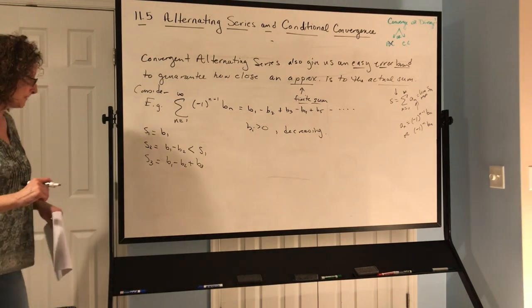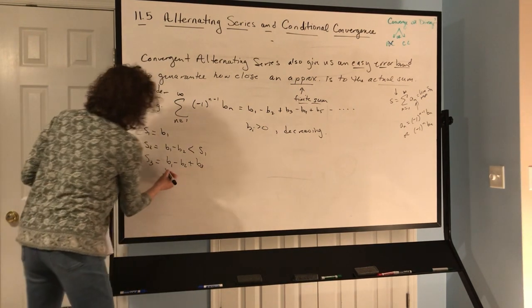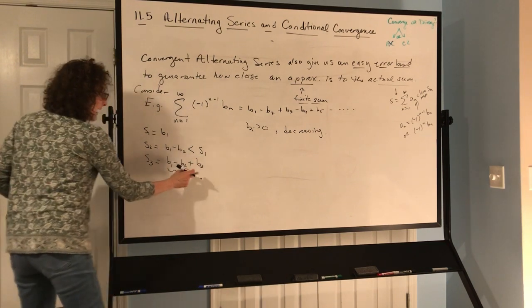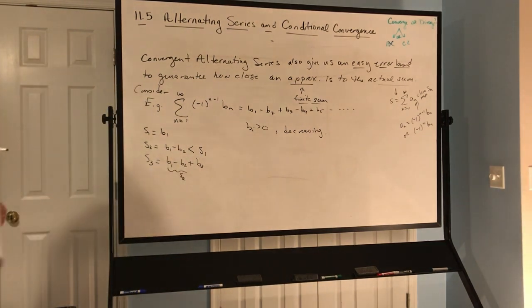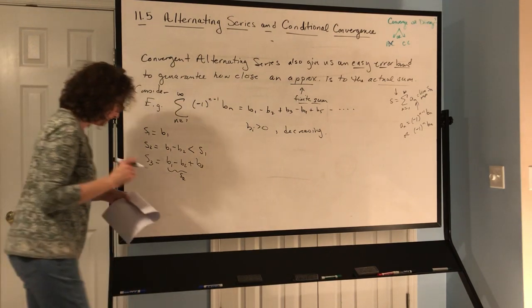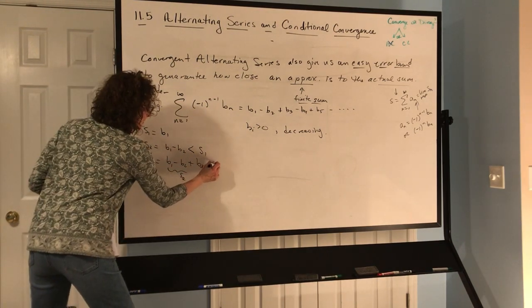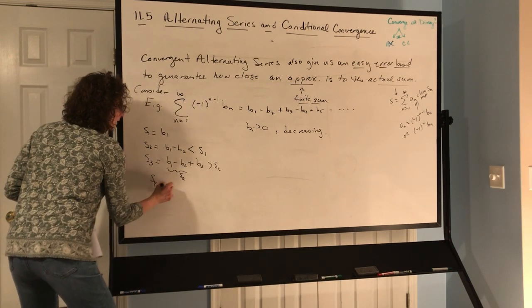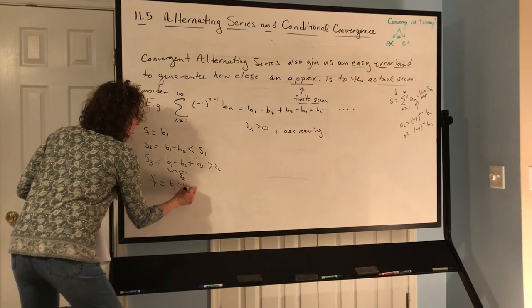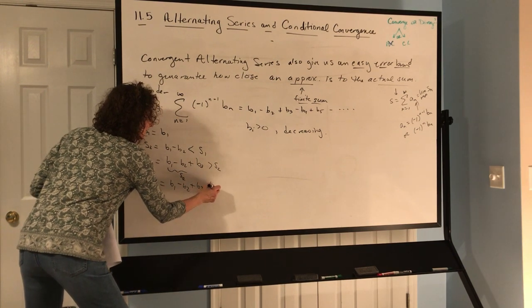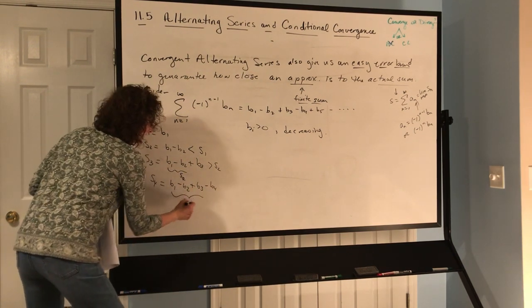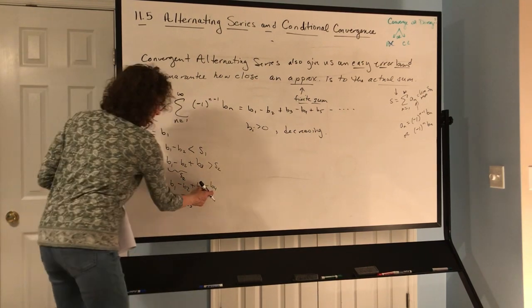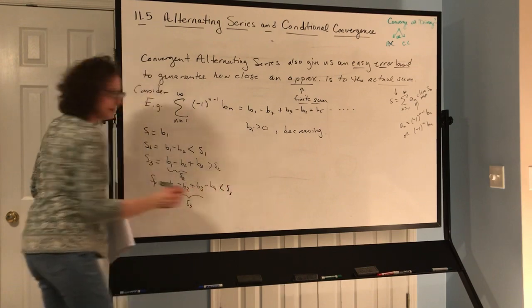This is S2, and now I'm adding b3, which is positive, so S3 is bigger than S2. Then S4 is b1 minus b2 plus b3 minus b4. This is S3, and I'm taking some away, so S4 is smaller than S3. Does that make sense?